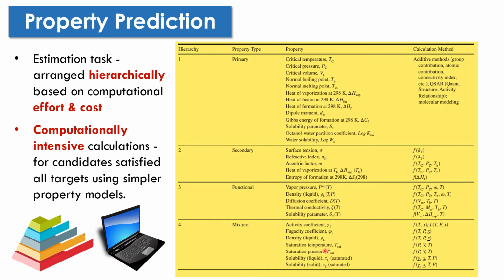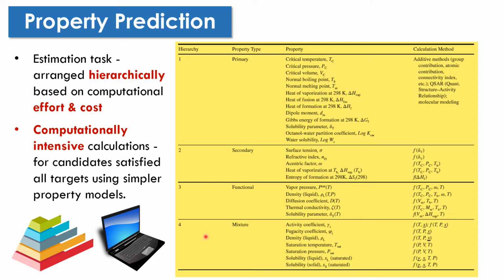So the prediction of mixture properties would be the most complex one. For example, if you have 1,000 candidates, then based on our target properties, there is a certain goal or range that we want the target properties to have in terms of values.